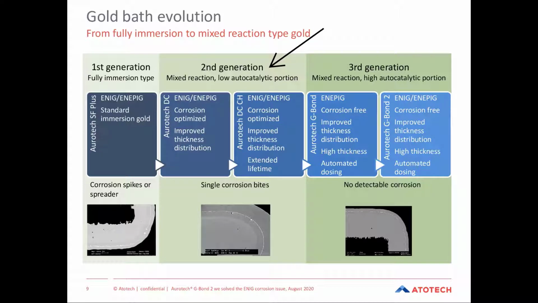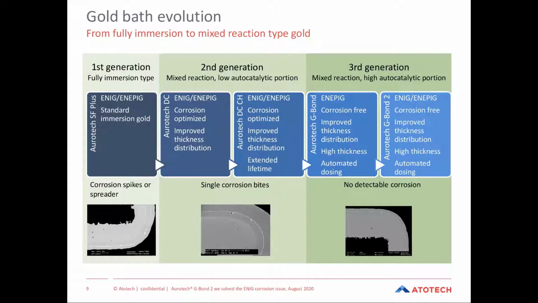Compared to the first generation bases, they are corrosion optimized, so they show far less corrosion, and they already provide an improved thickness distribution. Compared to Aurotech DC, the Aurotech DC-CH also provides extended lifetime, so it can be processed longer without any issues.